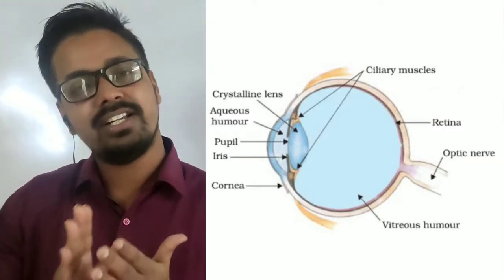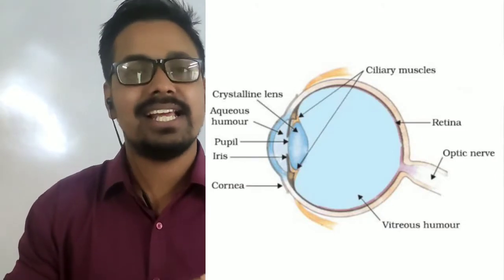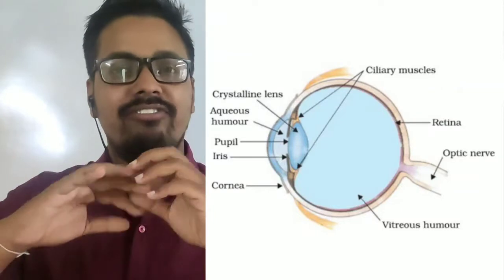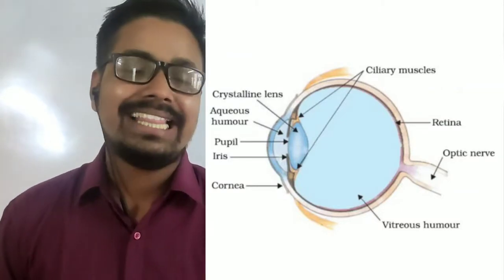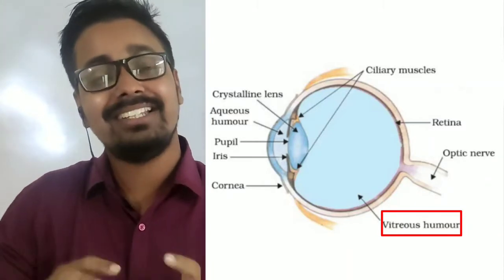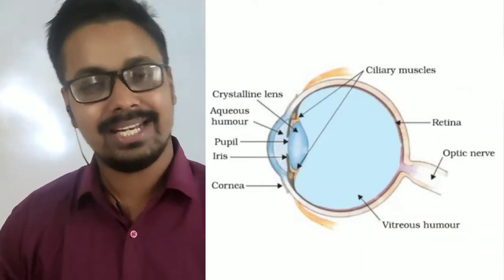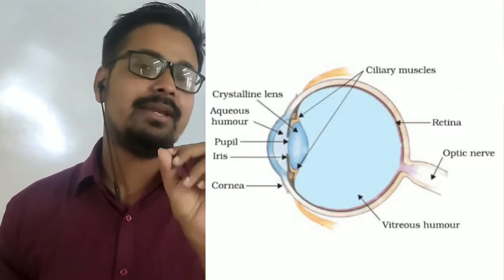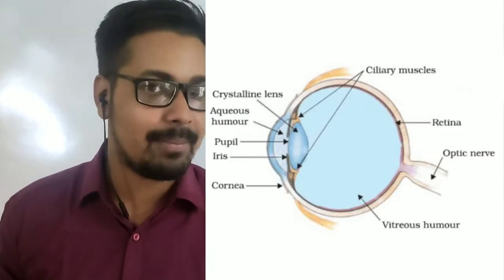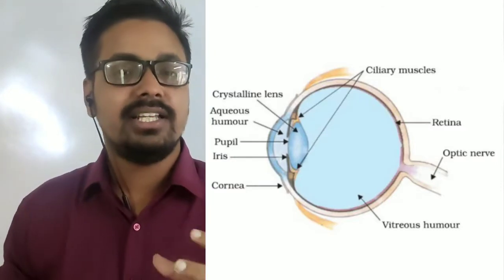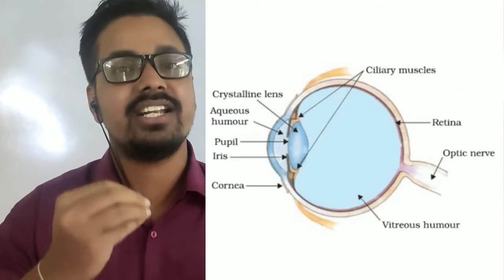Now we are moving further inside, and behind the crystalline lens we have this hollow structure that is filled with a fluid, and that fluid is called the vitreous humor. The vitreous humor is another very important part of the eye. As I mentioned earlier, there is a substance that keeps the eye completely spherical in shape, and to maintain this spherical shape, the substance required is the vitreous humor.